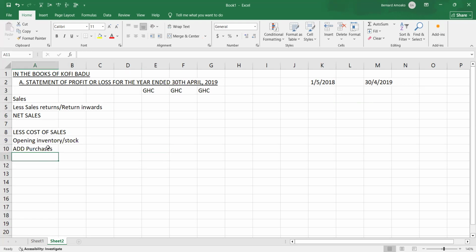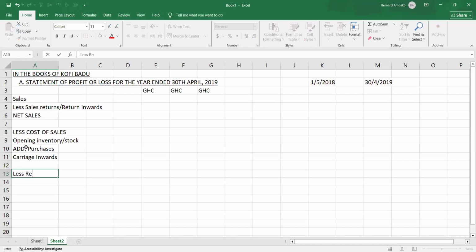Now, what is under purchases? When you see add purchases, we put in a column. During the purchase of the inventory, maybe someone helped you bring the goods in. So we call it carriage inwards, when you were bringing the goods in. It's an expense that you need to add to the purchases. Whatever you get, you come and less what we call return outwards.